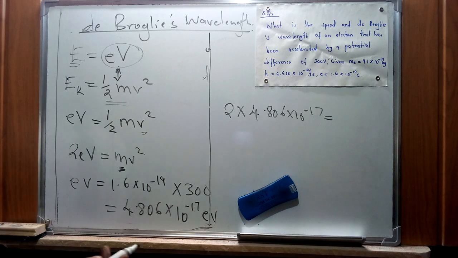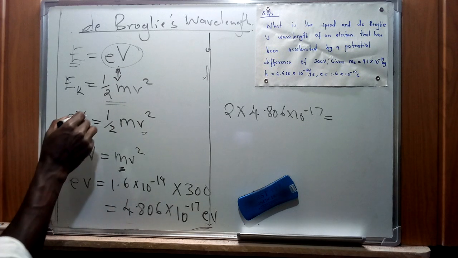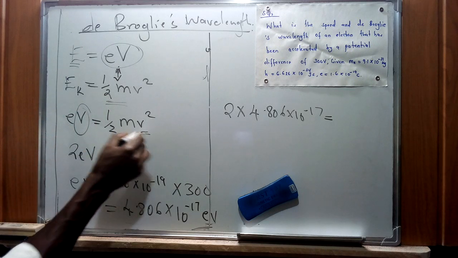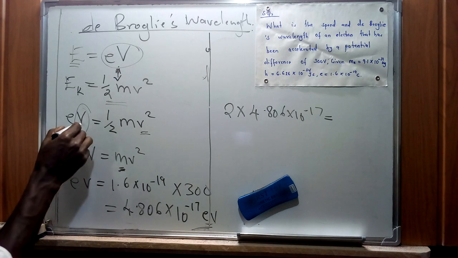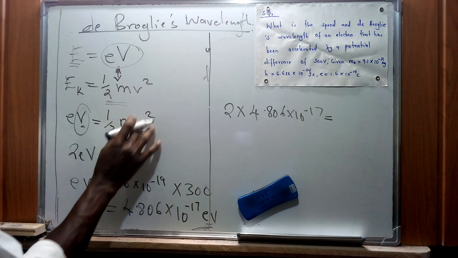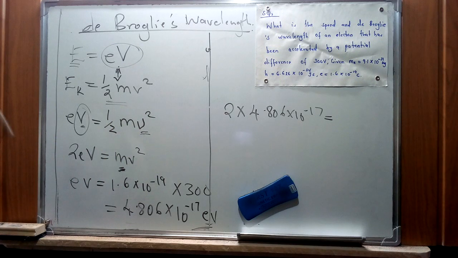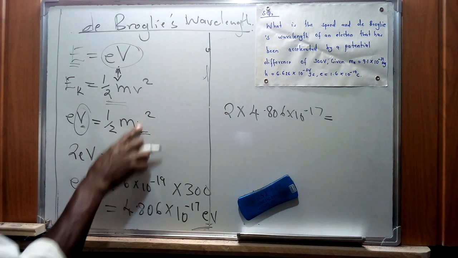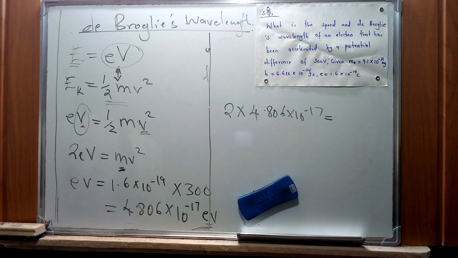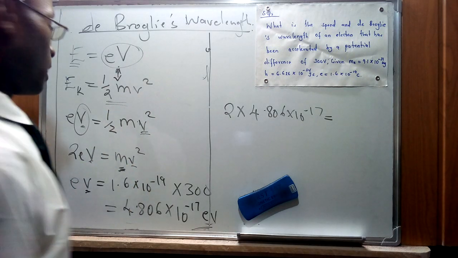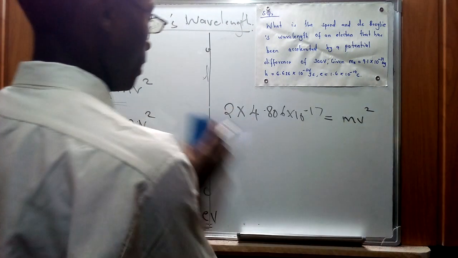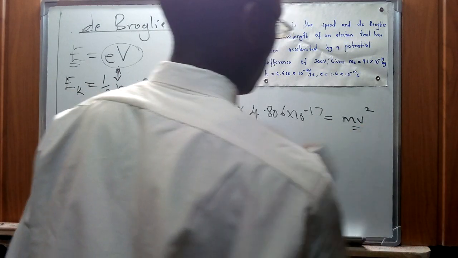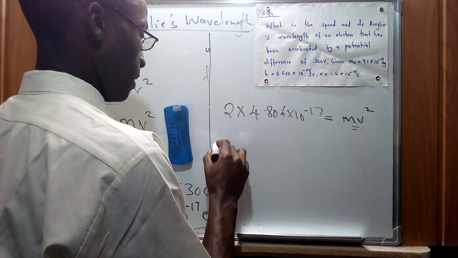Remember there's a difference which might cause confusion. This one is the potential difference, V, and this is the speed, so the implication of cancelling out does not come in here. In trying to find the speed, we make v the subject of the formula through substitution.